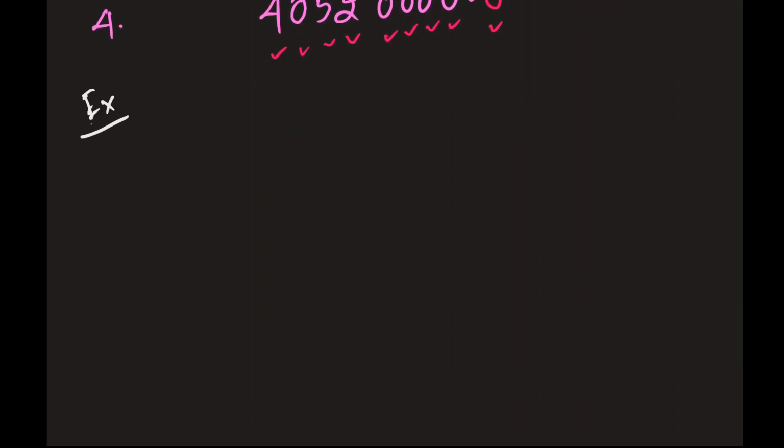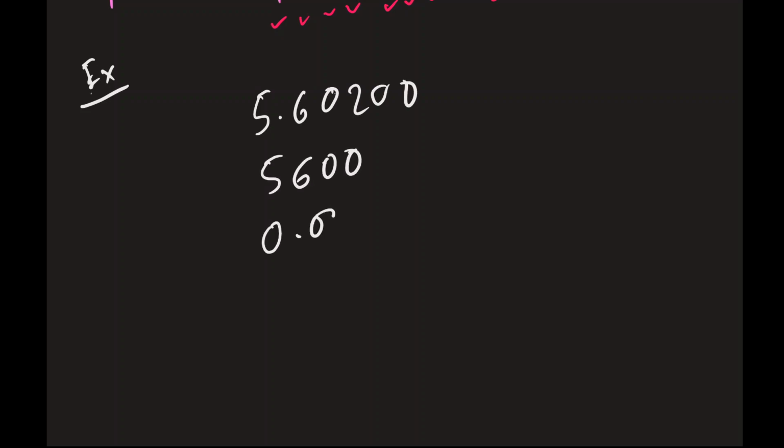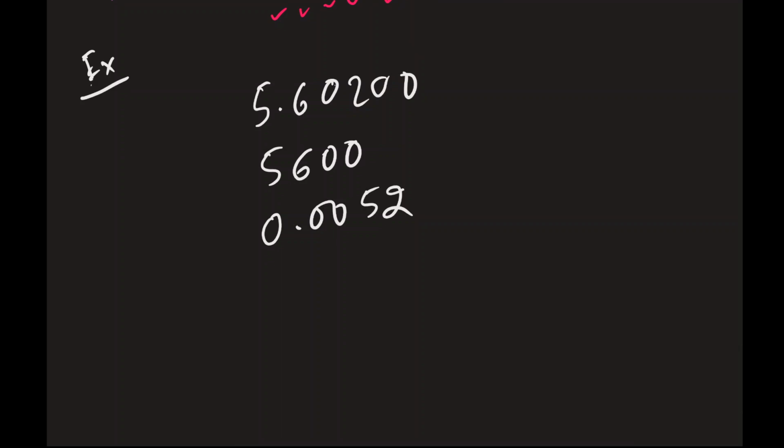I'm just going to do a couple of problems, and you should pause right after the question, answer, and match your answer with mine, right? I'm going to throw out 5.6200, 5,600, 0.0056, 16.00.